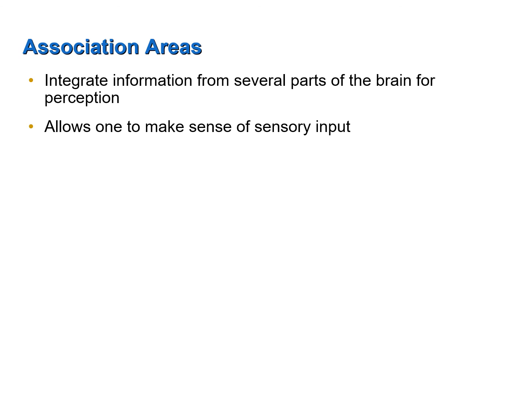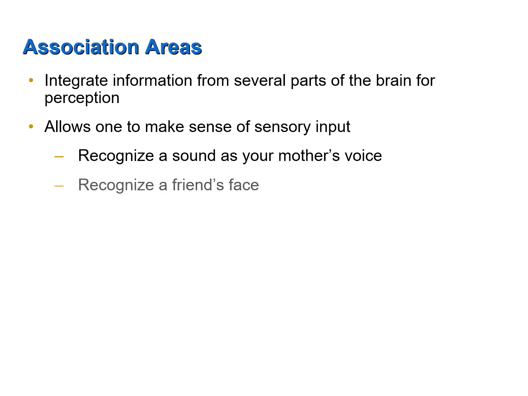So the sensory area allows you to hear a sound, but the association area allows you to identify that sound as your mother's voice or a specific song. The sensory area might allow you to see someone's face.